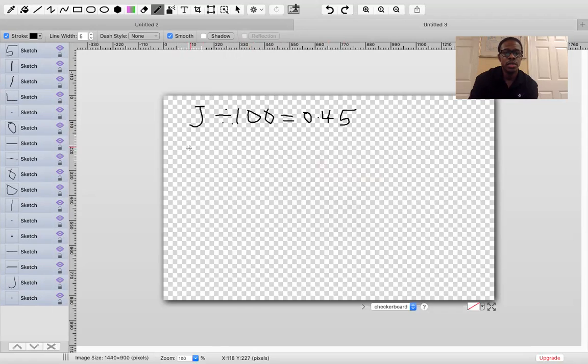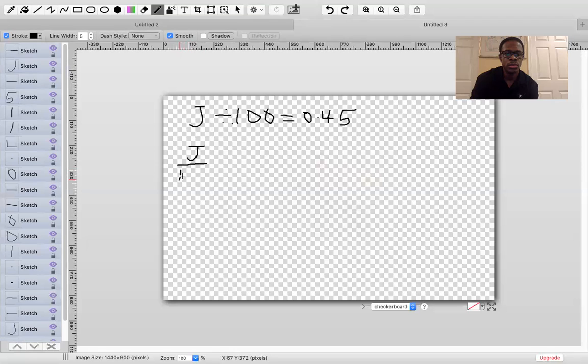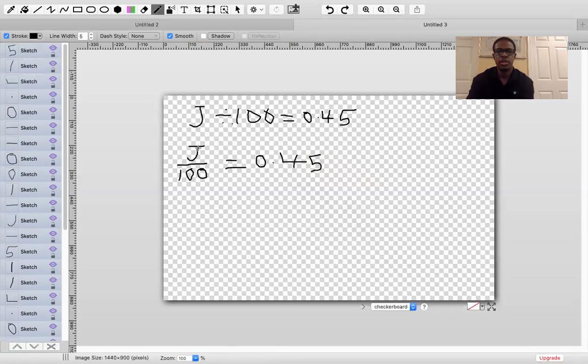Now we can rewrite this as J over 100 equals 0.45. Right? So J divided by 100 is equal to 0.45.